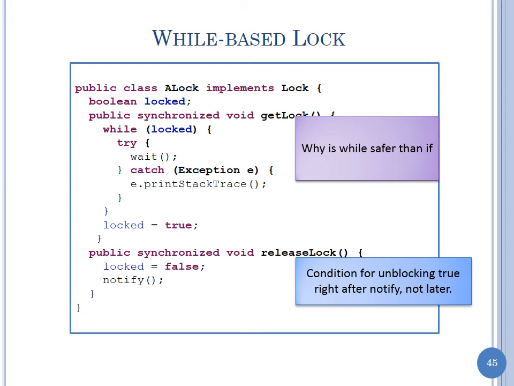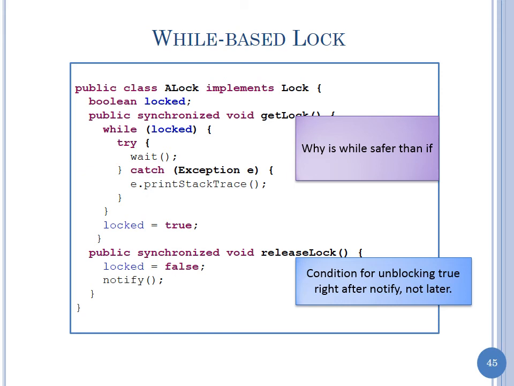When somebody does a notify, they are saying that some blocking condition has now become false. At that point, not a later point, the blocking condition has gone away. If the notifier continues to execute, it may execute code itself that makes that condition invalid.